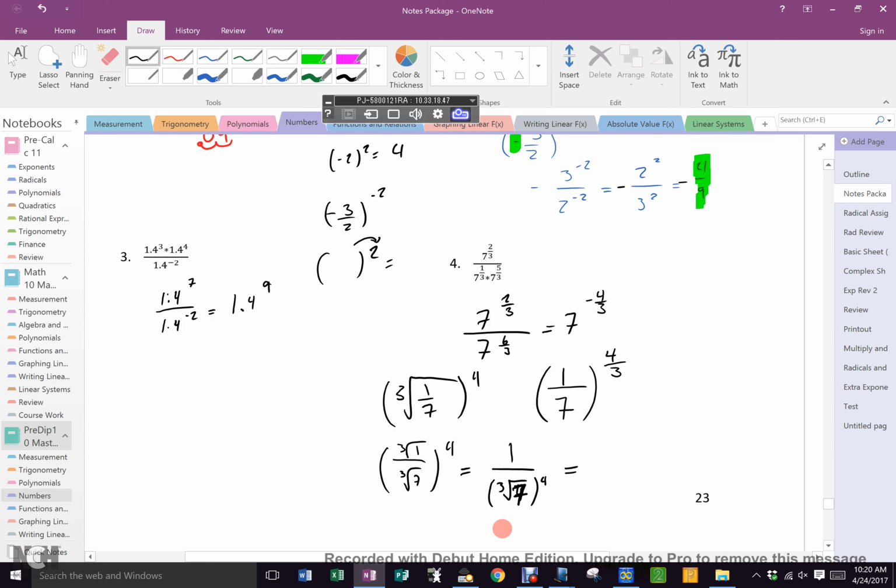Because this is really the cubed root of 7 how many times? 4 times, isn't it? Everyone agrees? Okay. Well, what's the cube root of 7 times the cube root of 7 times the cube root of 7? 7. So isn't this 1 over 7 cube root, what did I leave under there? 7.